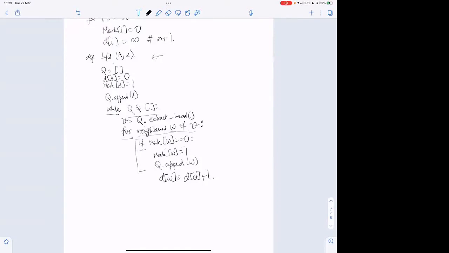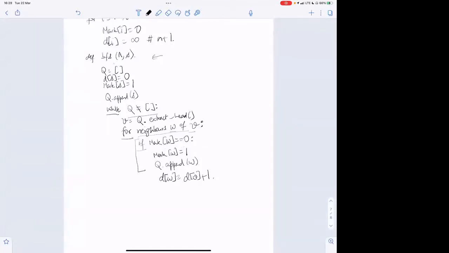Sorry, I couldn't hear you. Sir, dV is infinity in the beginning, right? dV is infinity in the beginning. dS is 0. And you increment it by 1 when you mark W, correct? So S's neighbors will get a distance of 1, 0 plus 1.